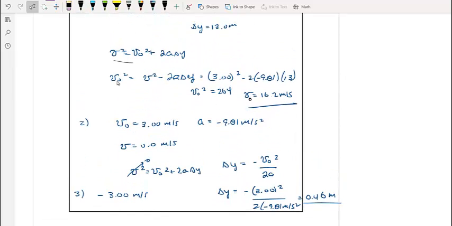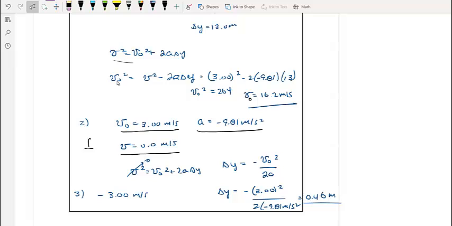The second part is just when it goes past the balcony. So my initial velocity there is 3 meters per second. The peak is 0 meters per second, and we're still under the same acceleration conditions. So equation 4 again, in this case v, the final velocity, is 0, so we can set that equal to 0.